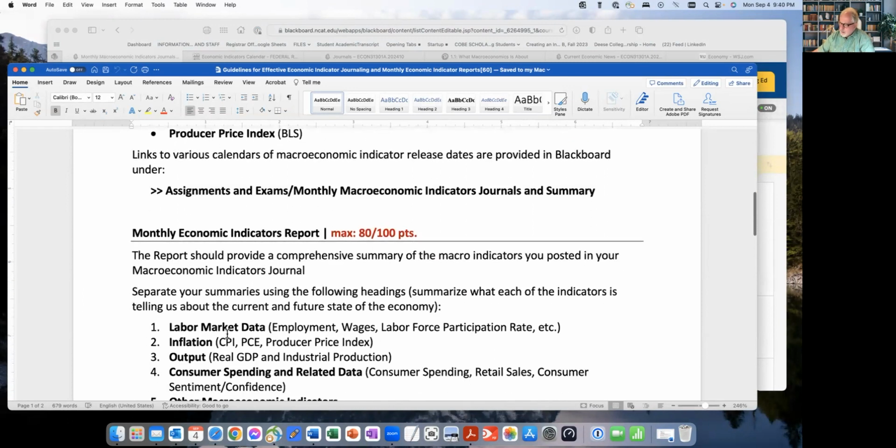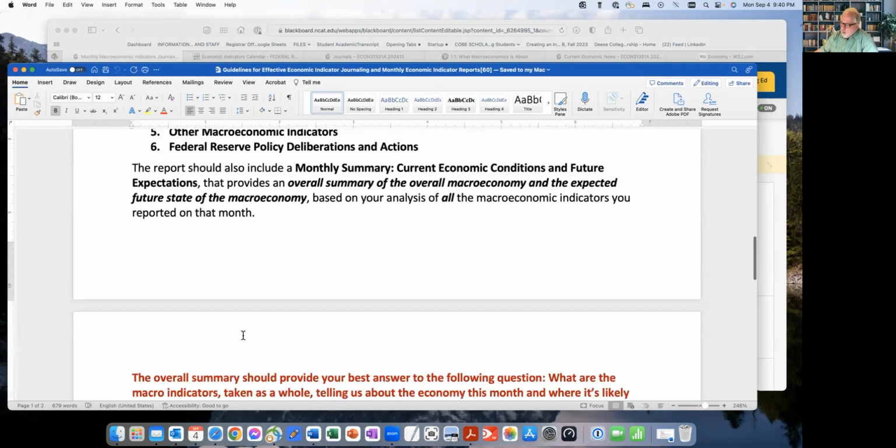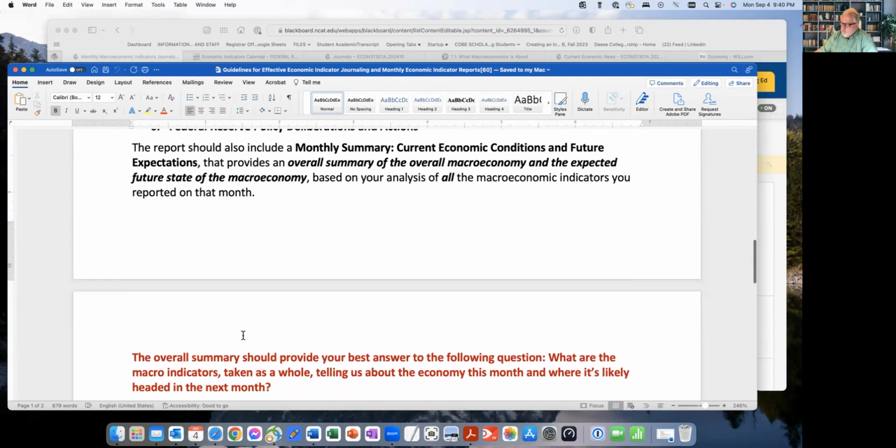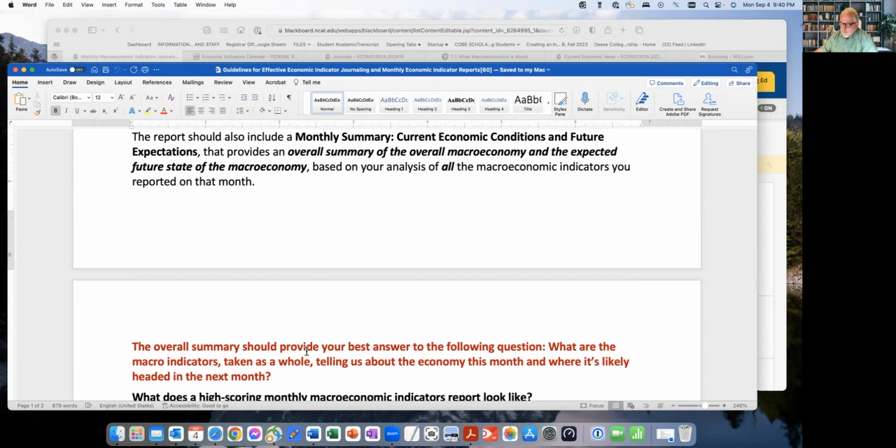The monthly economic indicators report summarizes what those indicators have said for that particular month. So what are those macroeconomic indicators, taken as a whole, telling us about the economy this month and where it's likely to go in the next month?